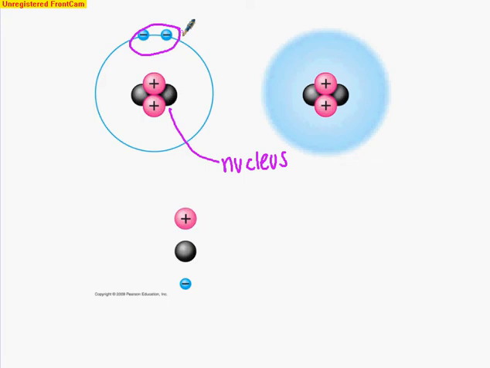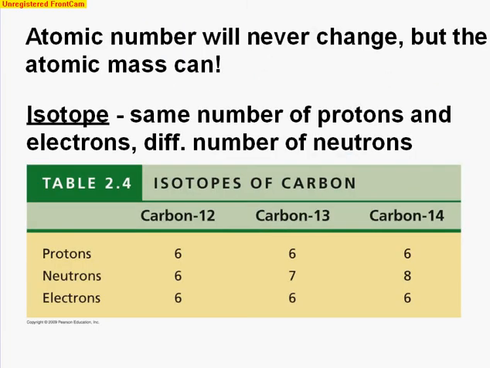Notice that the electrons are much smaller than the protons and neutrons. Atomic number will never change, but the atomic mass can change, meaning the number of protons is permanent. You cannot change the number of protons in an atom. You can change neutrons, you can change electrons, not protons.